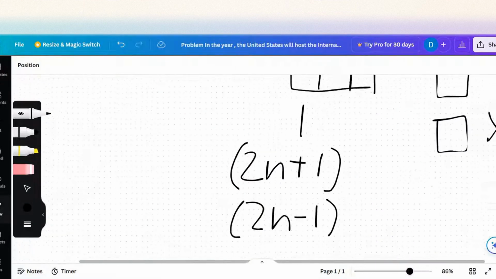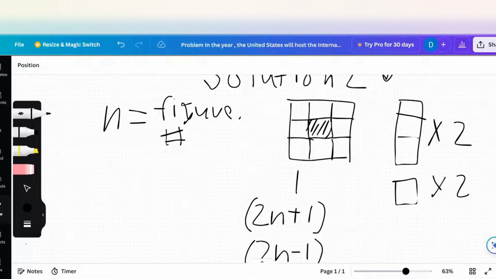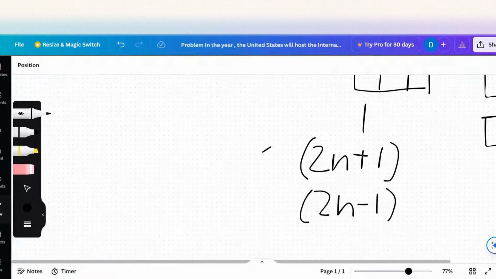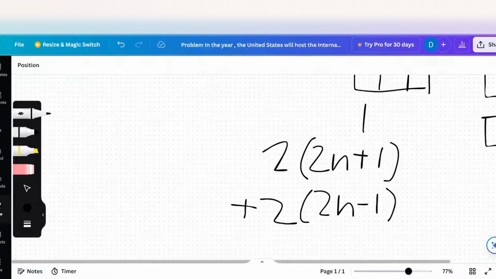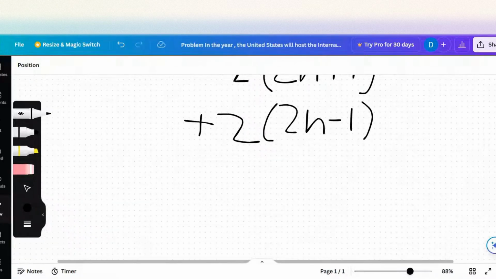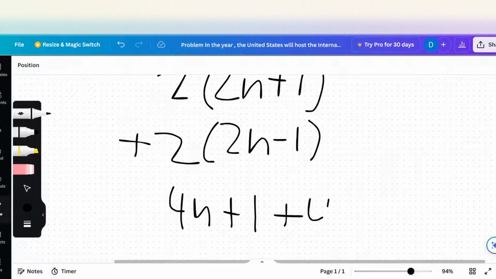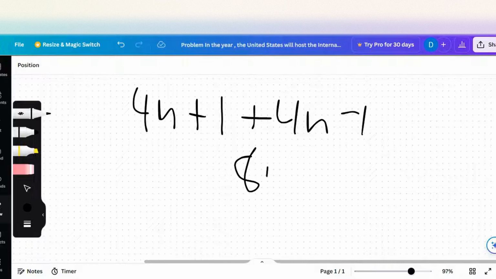That works too, because we have 1 times 2, which is 2, and then minus 1. Since we have 2 of each, we multiply by 2 and then add. So we get 4n plus 1 plus 4n minus 1, and that's 8n.